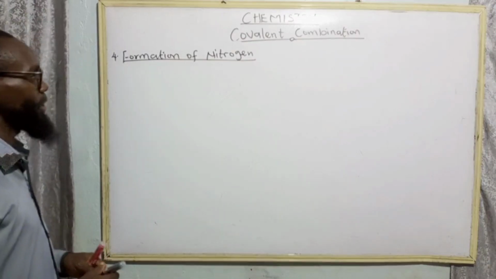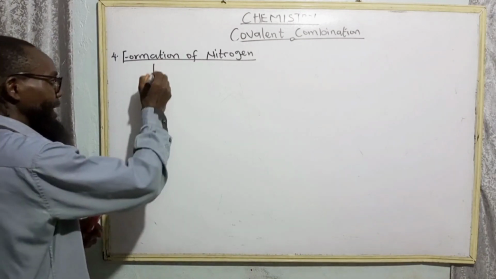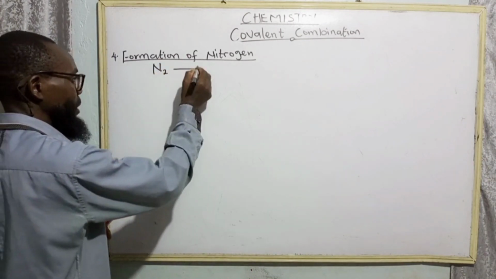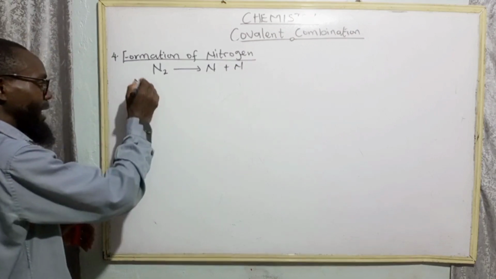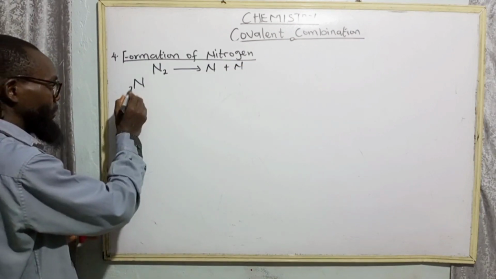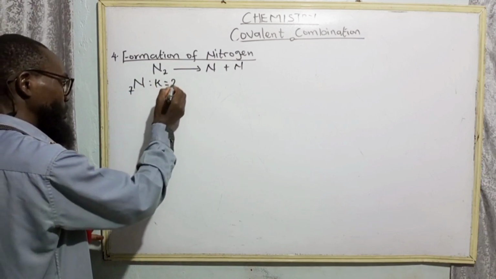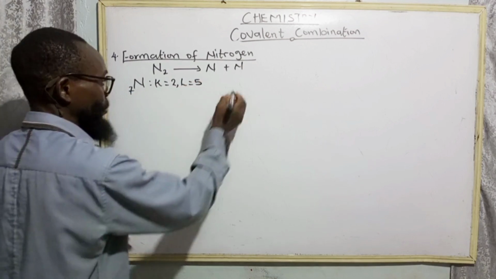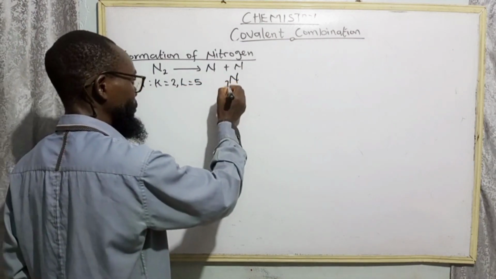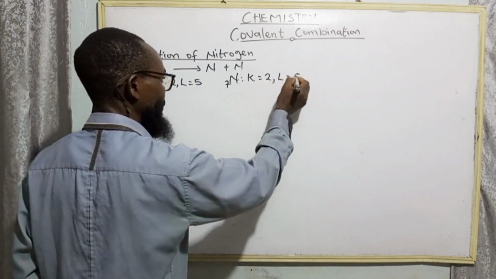Example 4, formation of nitrogen. Here, nitrogen is written as N2, that is 2 atoms of nitrogen. The first nitrogen has an atomic number of 7. That is, our K shell is 2, our L shell is 5. Likewise, the second nitrogen, atomic number of 7, K shell is 2, L shell is 5.